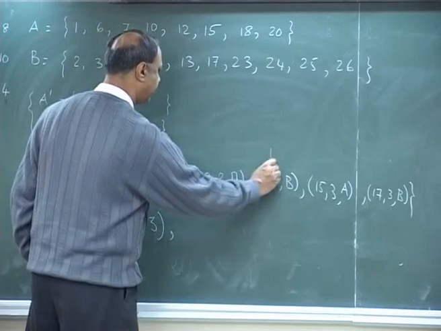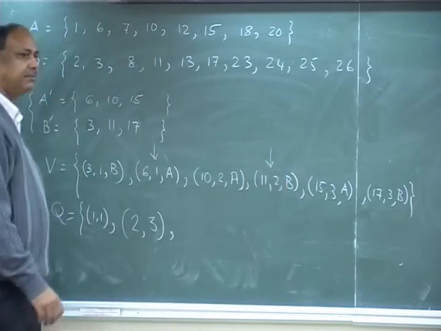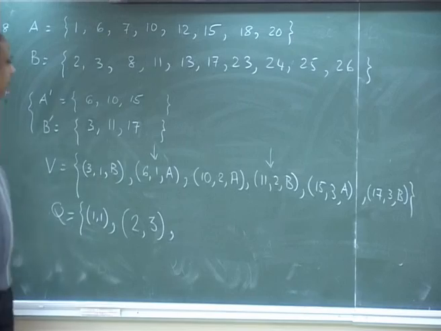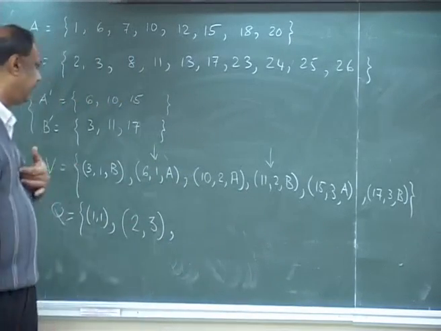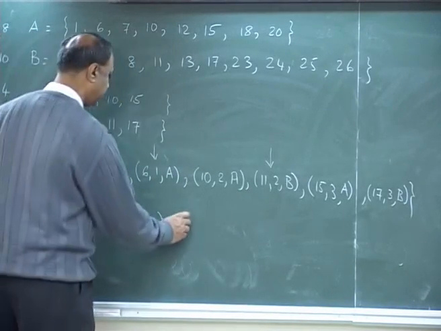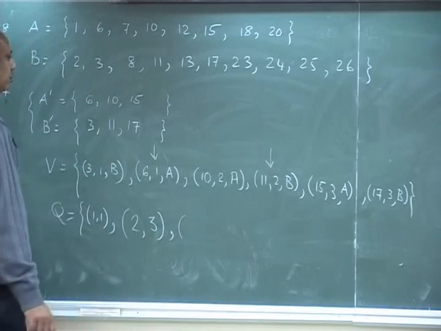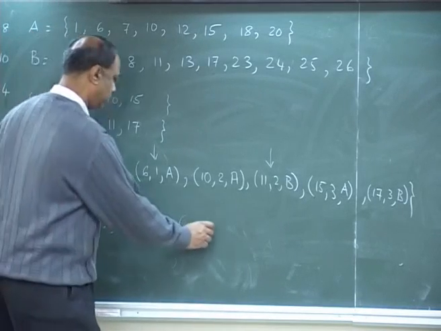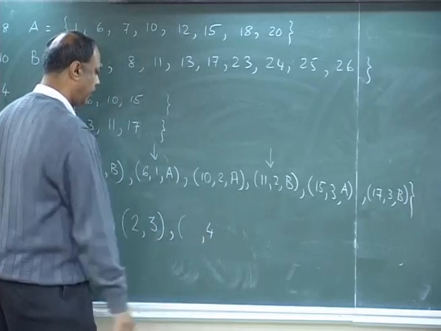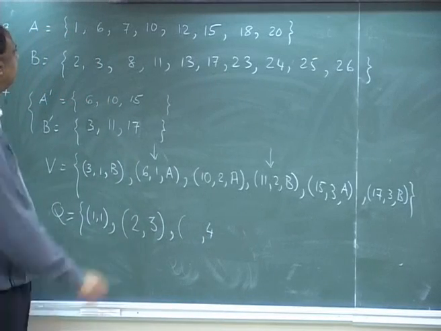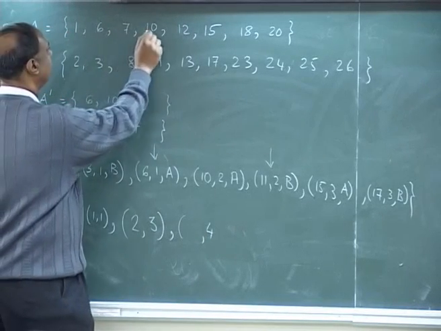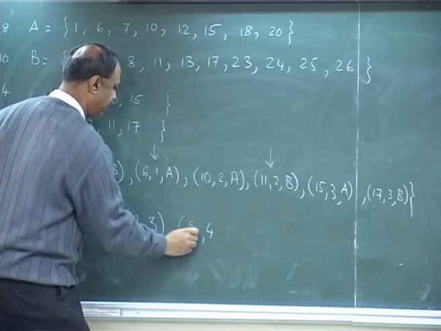Then, simultaneously, processor 3 will be looking for this one, which is 11, and 2 means 4, and in sequence A, 1, 2, 3, 4, 5, so you will write 5.